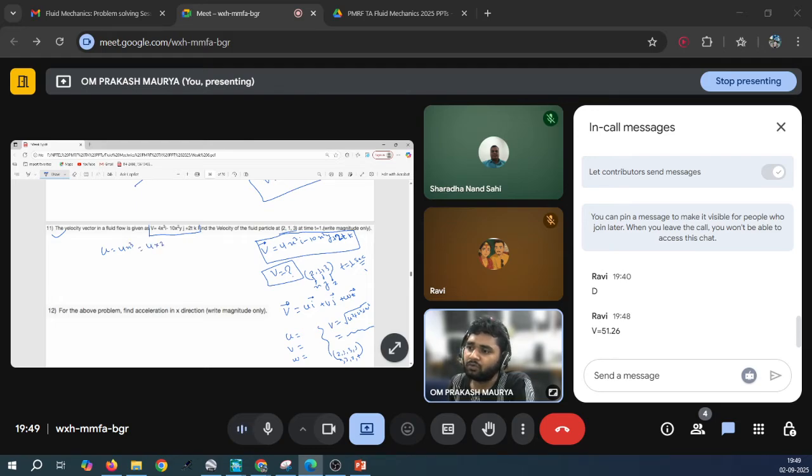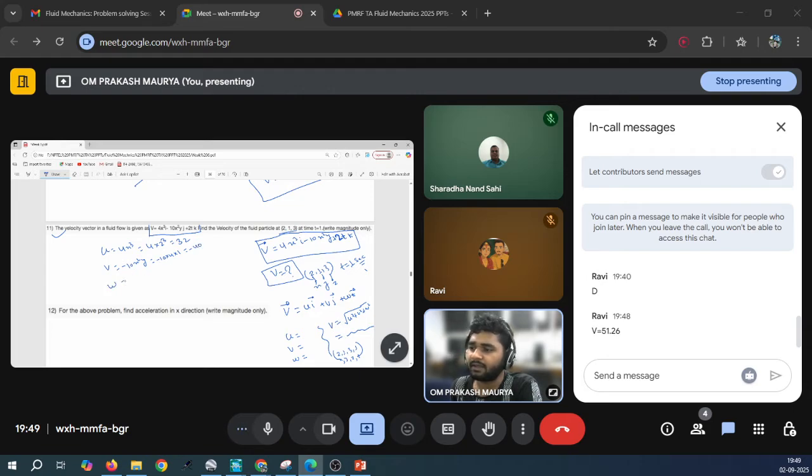So 4 into 2 to the power 3, because x is 2, y is 1 and z is 3. So this will be 32. V is minus 10x squared y. So here it is minus 10 into x squared, 4, into 1. It will again be minus 40.